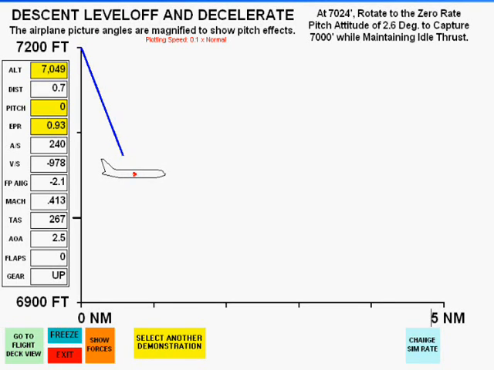At a lead of 24 feet, we will rotate to the 0 rate pitch attitude of 2.6 degrees to capture 7,000 feet while maintaining the thrust at idle. As the pitch attitude is increased, the vertical speed is decreased.